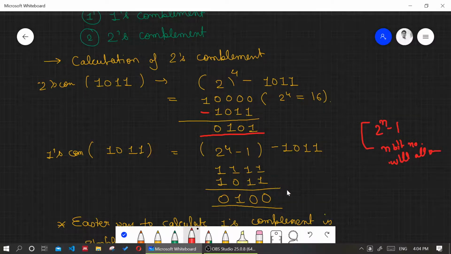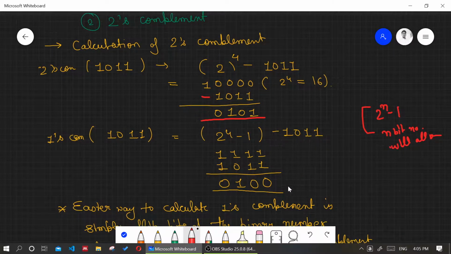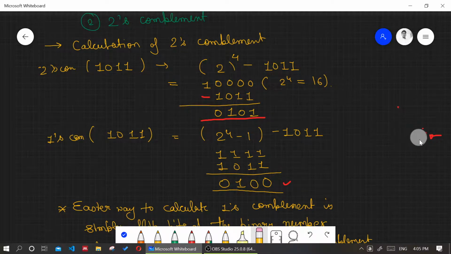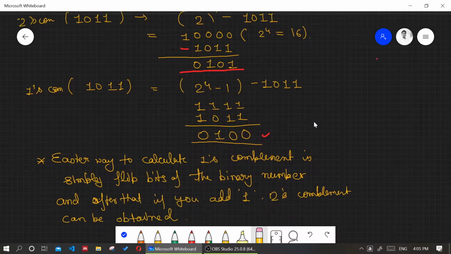So you simply subtract from it and you get the ones complement for this number. A point you can notice is that whenever you subtract a binary number from 1, it simply flips that bit. Like if there was a 1, it will become 0. So the result is 0100, and this is your ones complement.